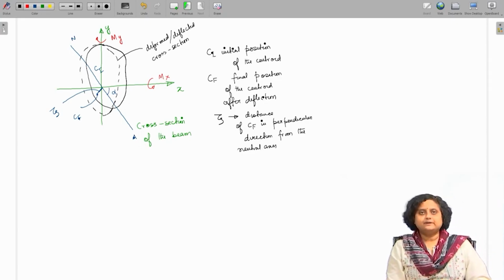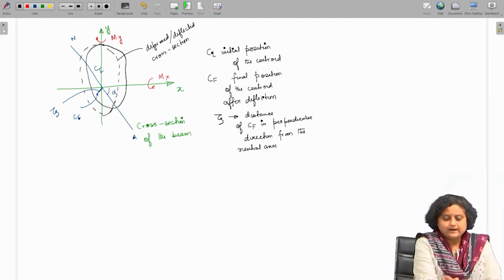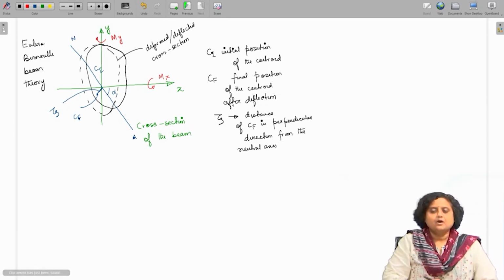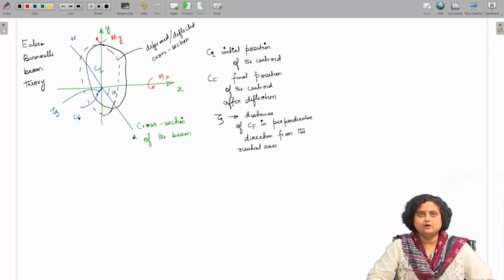Okay. So, let us try to understand the problem. We are still using Euler-Bernoulli beam theory as we have mentioned in the last lectures. Let us understand how it is similar to unidirectional bending of beams.